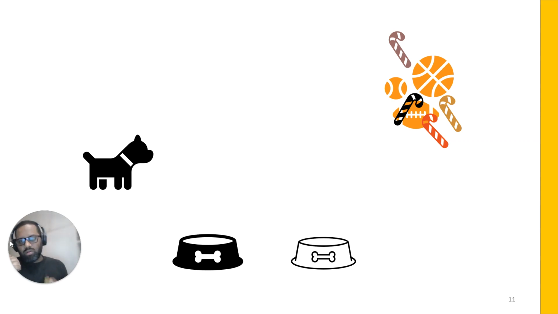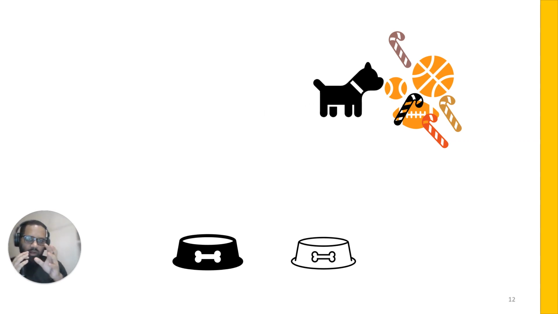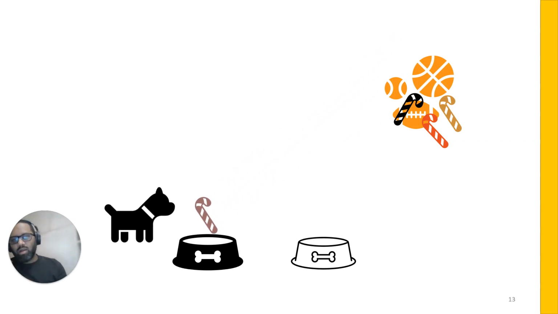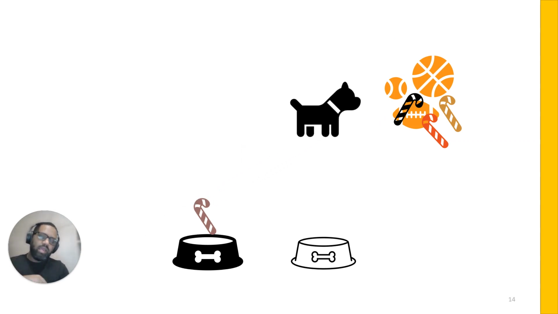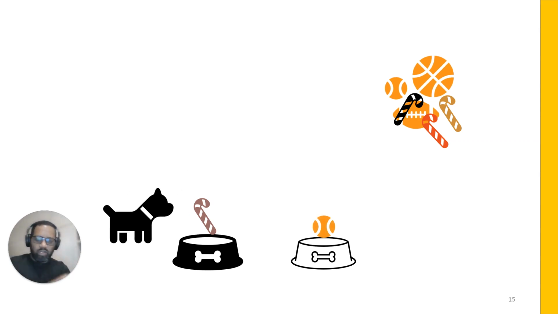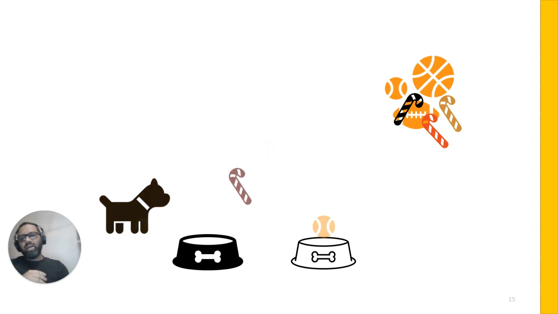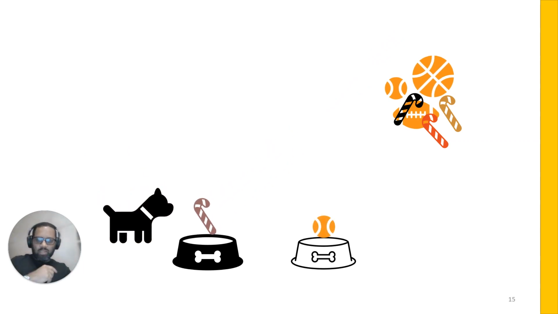He will go and check your input, which is the stack, and give you a classification of a stick once. Then again he will go to your input and do a classification related to a ball. This process will be repeated again and again.